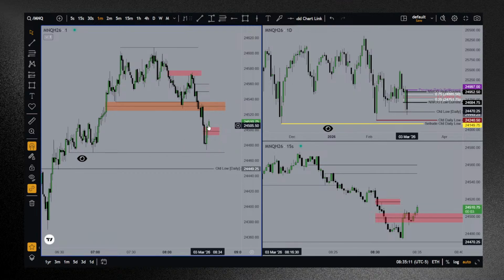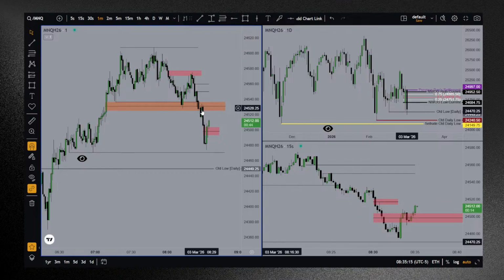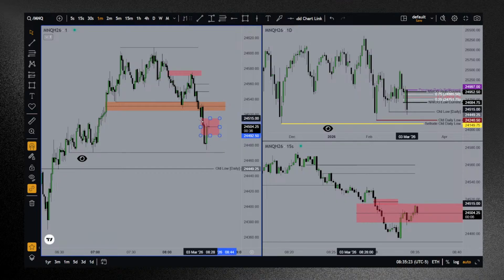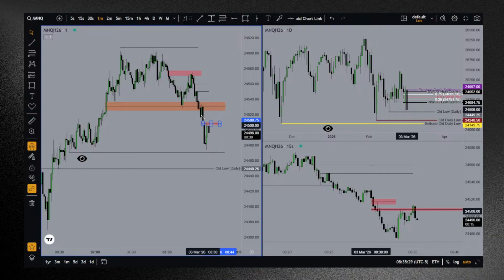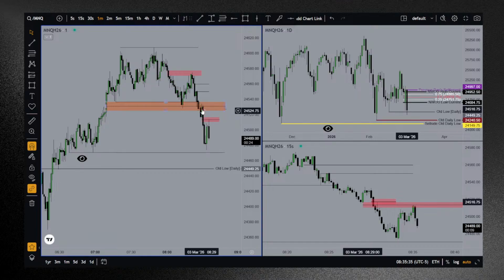But nonetheless, this fair value gap, this fair value gap, and the order block here. So these are basically the three PD arrays I don't want to see being breached, right? So I believe the sell side is still valid and still in play as long as this last up close candle here is not violated.